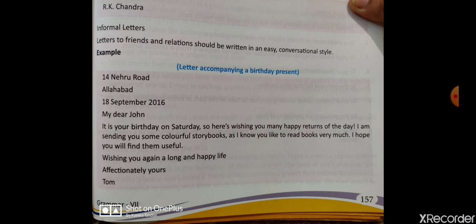Then the body of the letter, whatever things I have to mention, I'll mention it, and then affectionately yours is the subscription, and at the last is the signature, which is the name of the person who is writing the letter. You have to be very careful while remembering the format of writing formal and informal letters, because you have to be very thorough with the format of both letters.